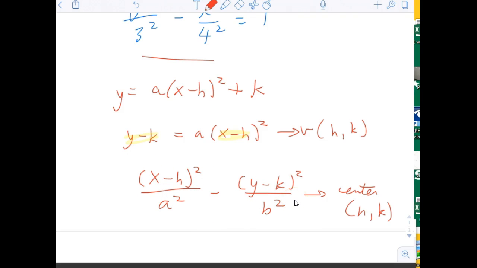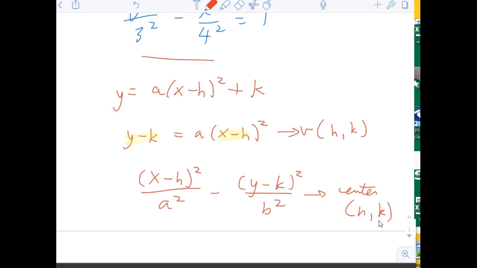That's why they don't do it, okay? Because it's arranged a little bit differently, there's not really an advantage to putting y by itself on the left. So now we can put it in its most consistent form, where the x has the h subtracted from it and the y has the k subtracted from it. They both look very similar, right? So looking at this, we could say that the h and the k represent a center value for the hyperbola. We'll call it the center of the hyperbola, and we'll say it's (h, k).